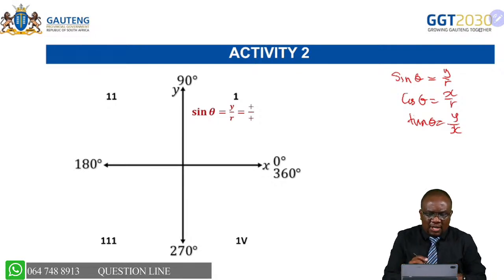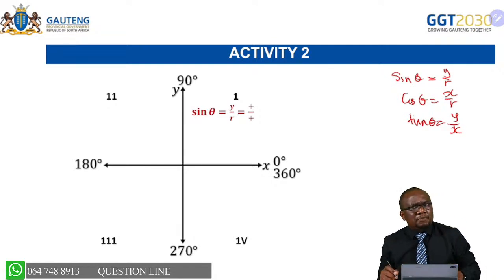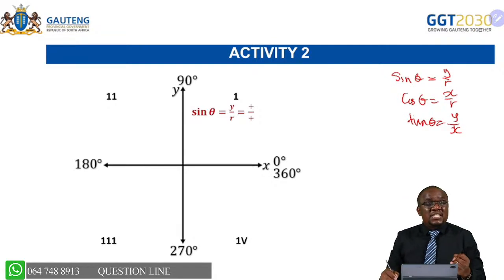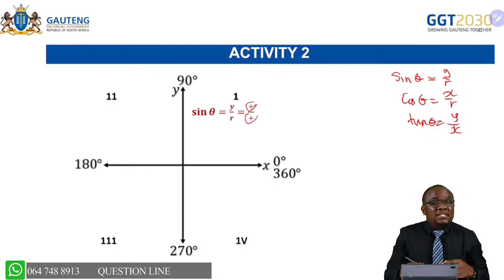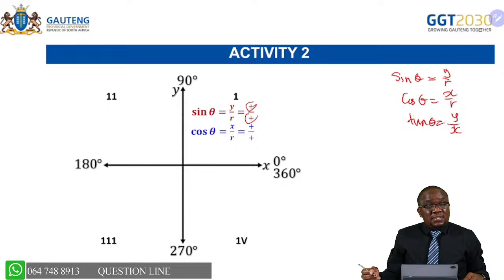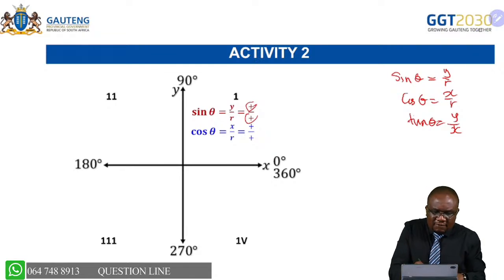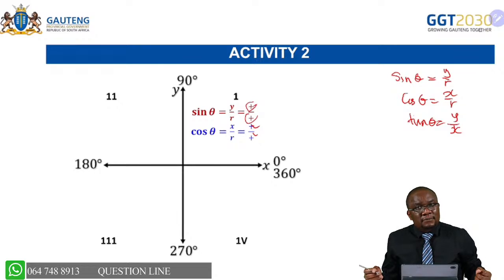In quadrant 1, y is positive. We said r is always positive. So in quadrant 1, y is positive, r is positive. So it's positive over positive. So it means sine theta is positive in quadrant 1. Cos theta, x is positive in quadrant 1, r is positive. So it's positive divided by positive. So it means cos theta is positive in quadrant 1.